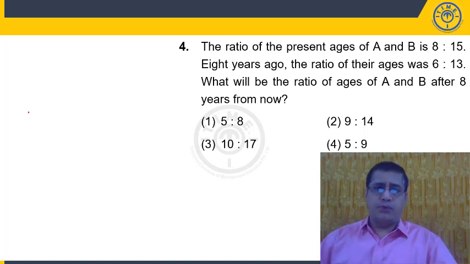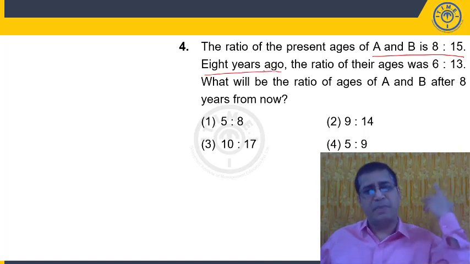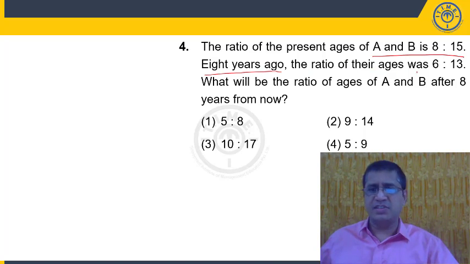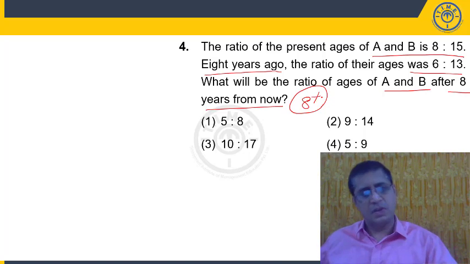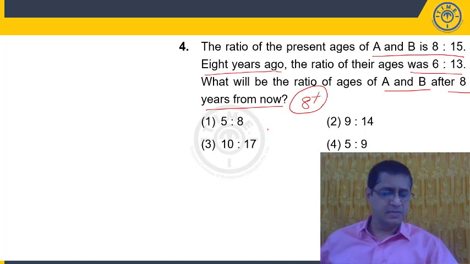The ratio of the present ages of A and B is 8:15. 8 years ago, the ratio of their ages was 6:13. What would be the ratio of the ages of A and B after 8 years from now? After 8 years means 8 years hence. Okay. Now simplify this.